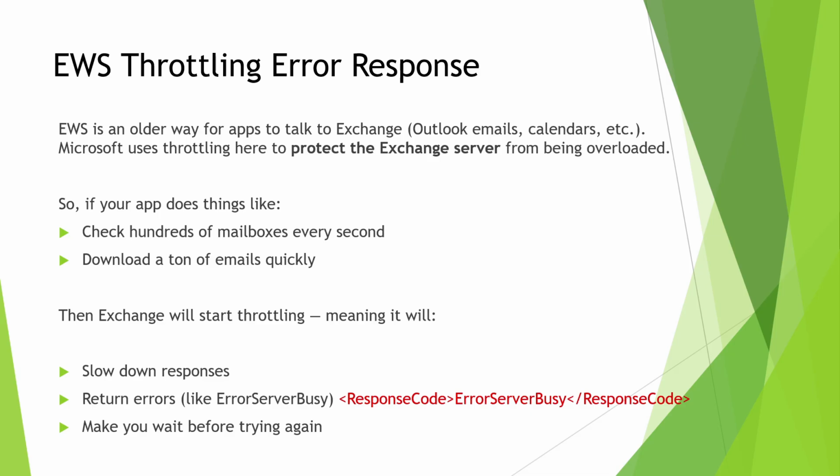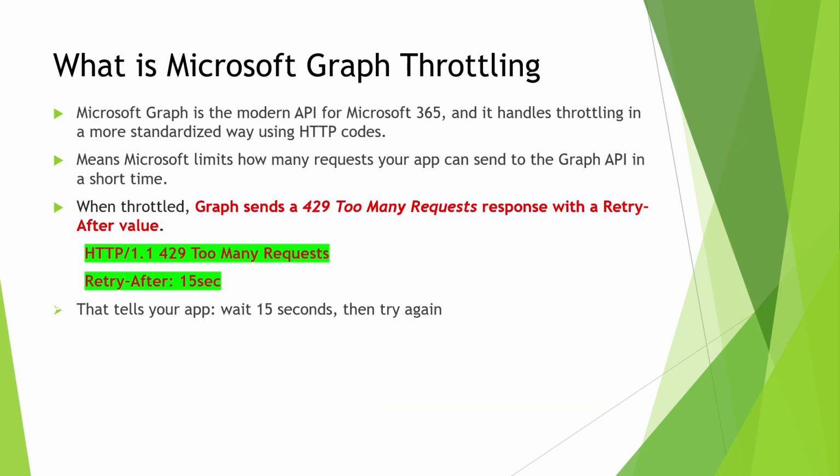Error code server busy, or error server busy, means the server cannot process more requests right now. The message: the server cannot service this request right now, try again later. Exchange is asking the client to slow down and retry later. Hope it's clear. Let's go to the next.